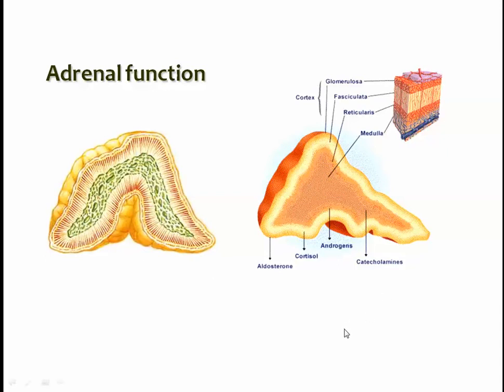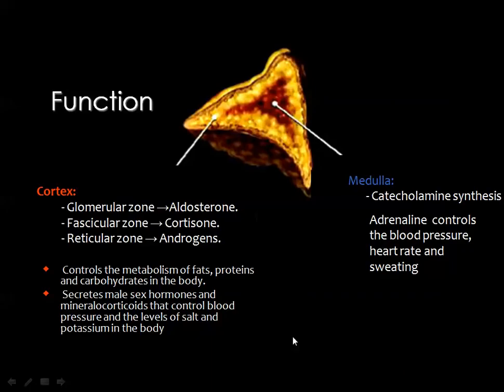The adrenal gland is composed of a cortex and a medulla, and the cortex is formed of three layers: the zona granulosa, the zona fasciculata, the zona reticularis, and all these three zones will form the cortex, while the core of the gland will form the medulla. Of course, you cannot discriminate the cortex separable from the medulla by imaging.